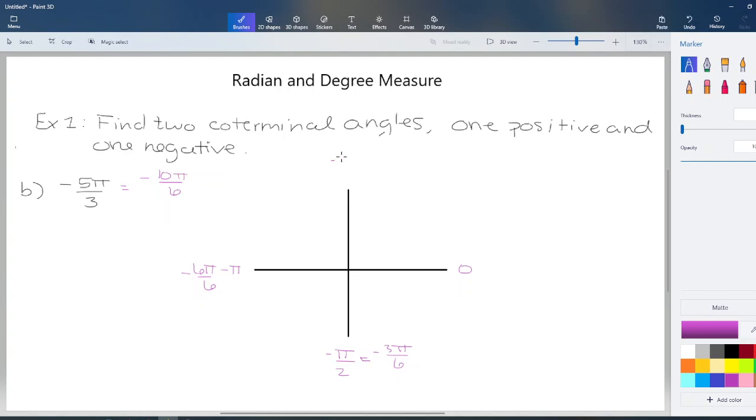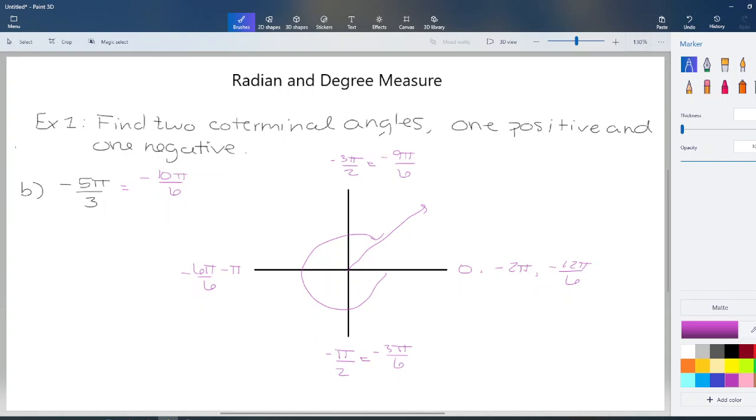Now this would be negative 3 pi over 2, or negative 9 pi over 6. So it's larger even than that. And then this would be negative 2 pi, or negative 12 pi over 6. Okay, so it's not as large as that, so we're between negative 9 pi over 6 and negative 12 pi over 6. So our angle is going to end up right here. It's opening up this way.